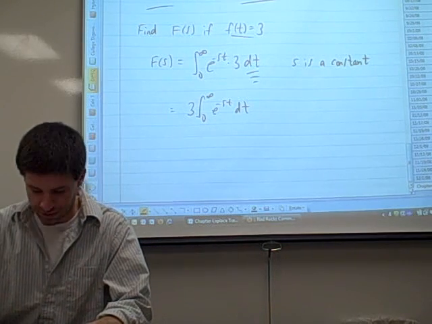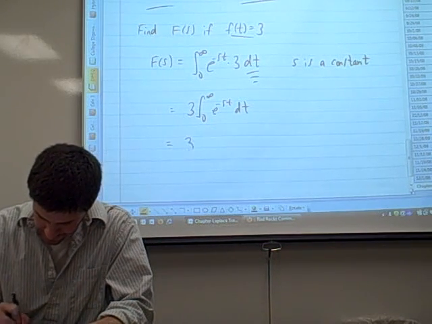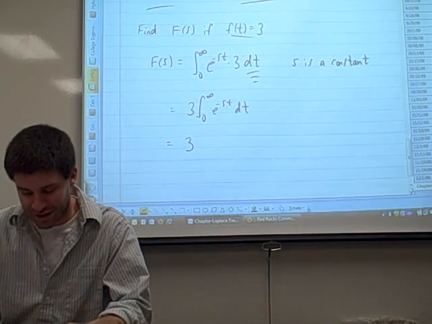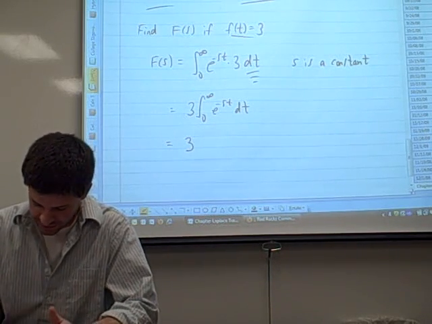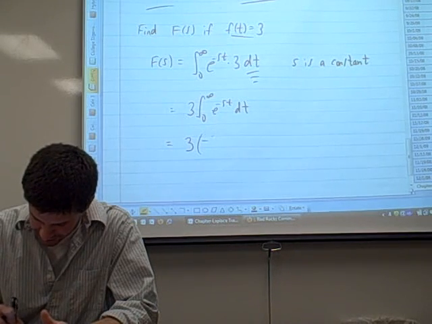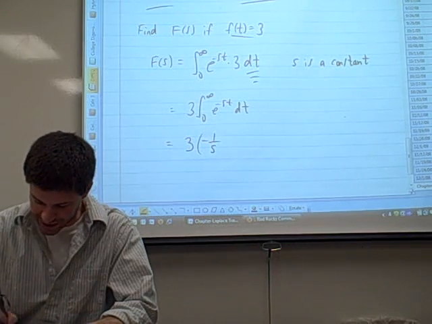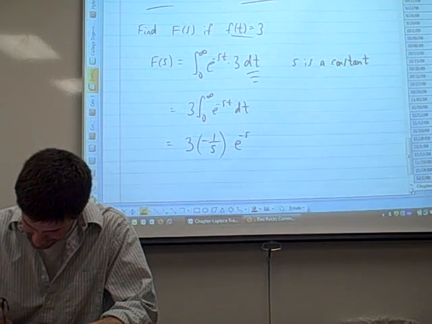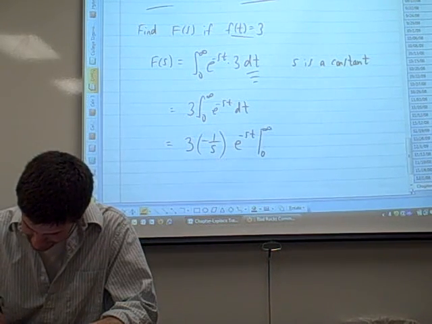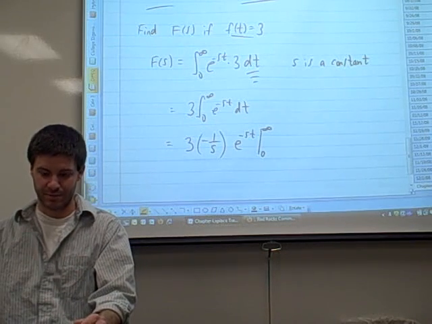But let's just do the integration first. The integral of e to the negative st. Keep in mind, s is a constant, so like 5. So what happens is we actually pull out a negative 1 over s when we integrate, and we get e to the negative st, and the limits on that go from 0 to infinity.